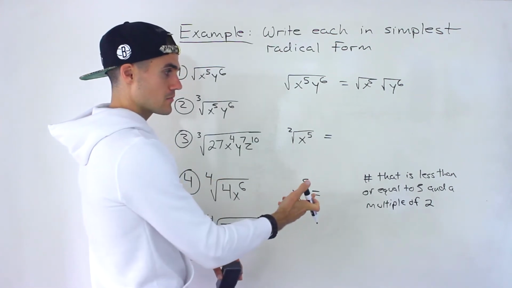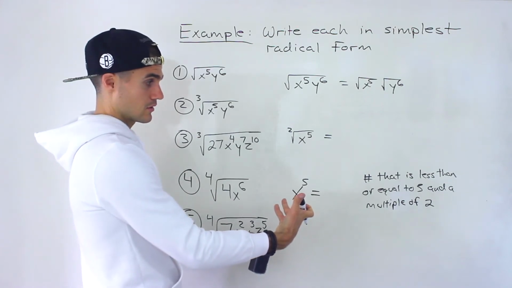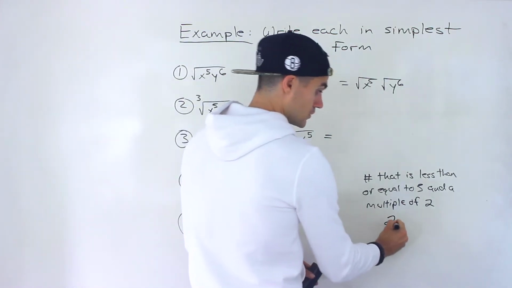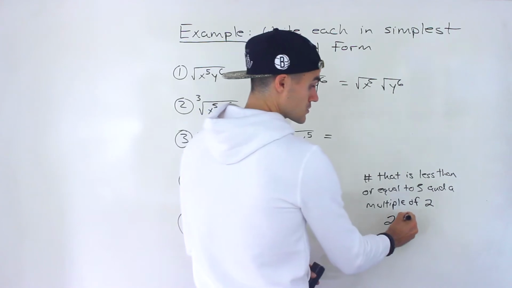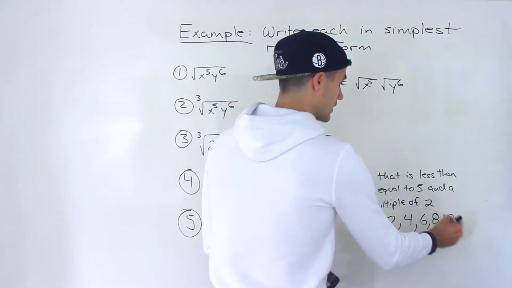And so what are some numbers that are multiples of 2? Well, 2 times 1 is 2, 2 times 2 is 4, 6, 8, 10, et cetera.